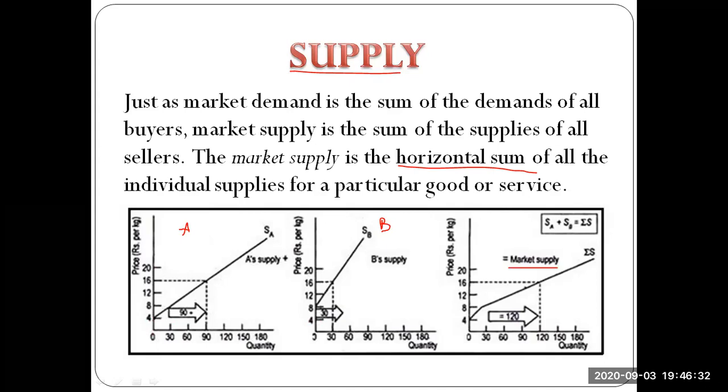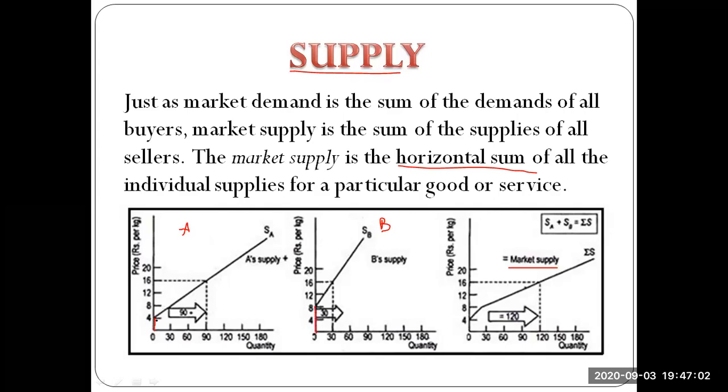So when I'm talking about the quantity supplied, I try to find out the distance between that particular point on the vertical axis pertaining to the relevant price point and the line itself. Since the supply curve starts from here, it has a vertical intercept at the price point of 4, and similarly producer B also has a vertical intercept such as this.